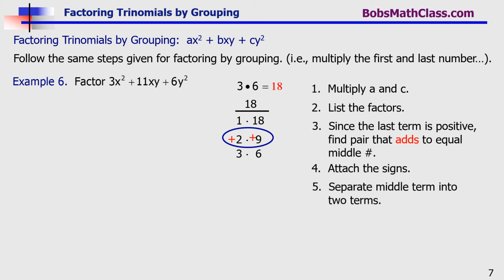Now we could separate the middle term into two terms. Our middle term is an xy, so that just means that both 2 and 9 are going to have a variable part that's xy. So 3x squared plus 2xy plus 9xy plus 6y squared.